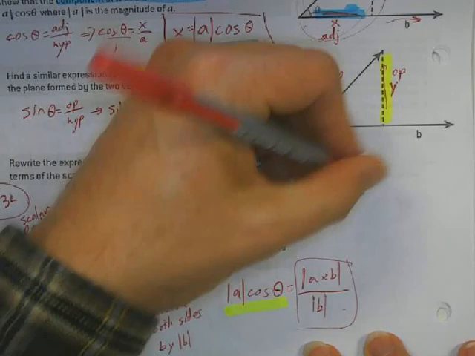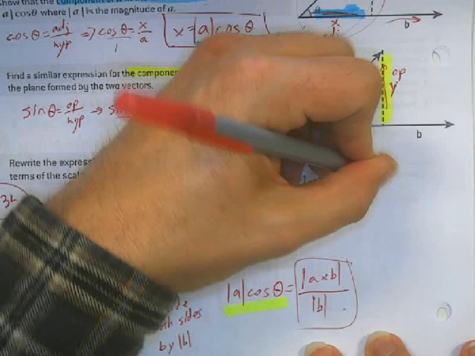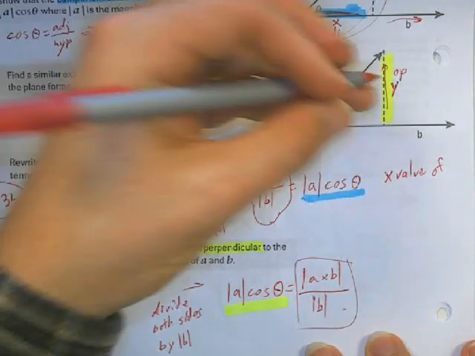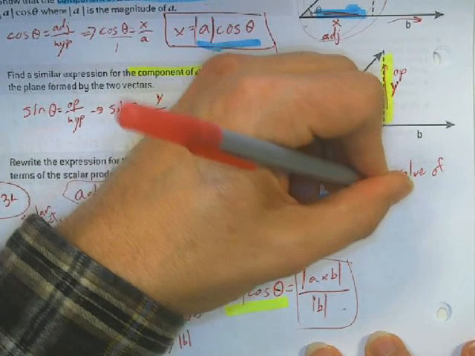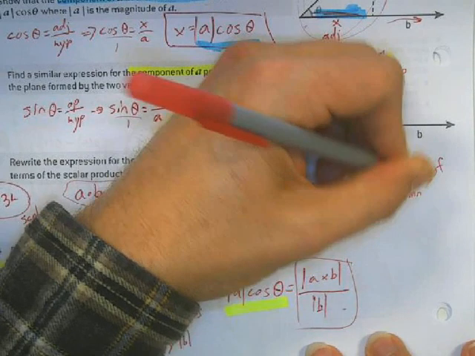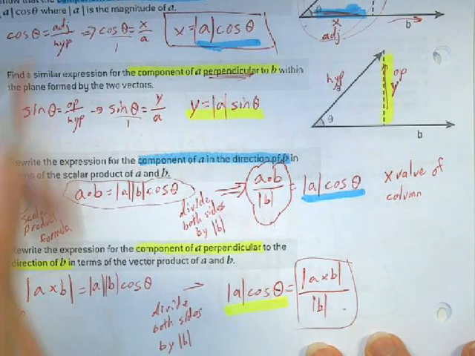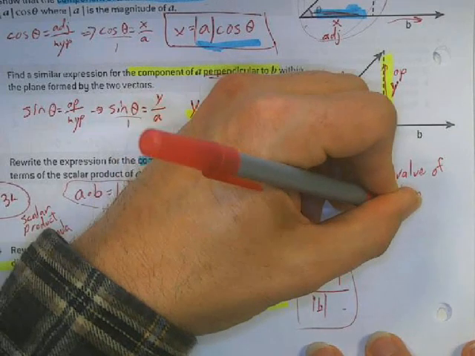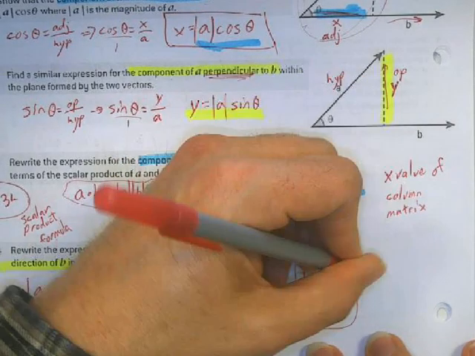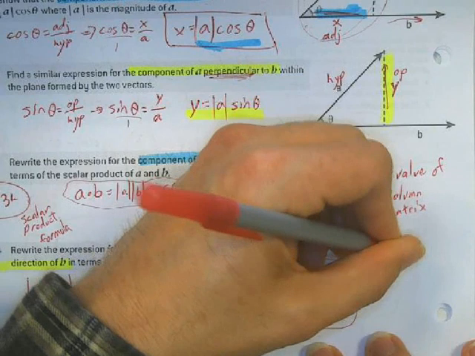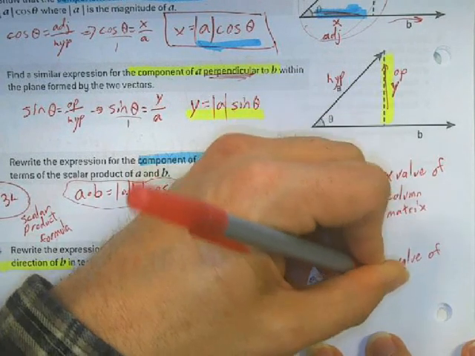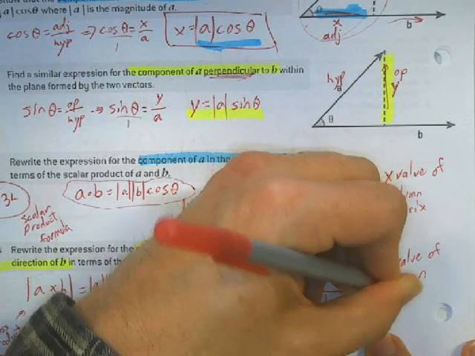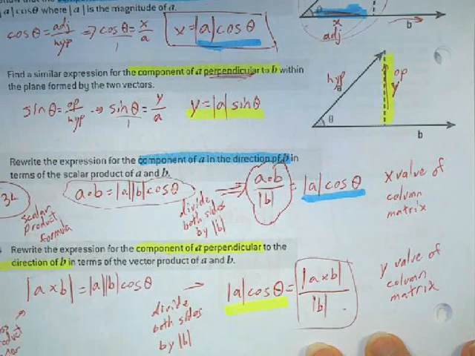This is the x value of the column matrix. This is the y value of the column matrix.